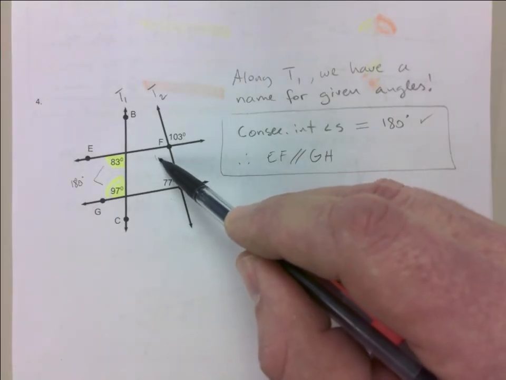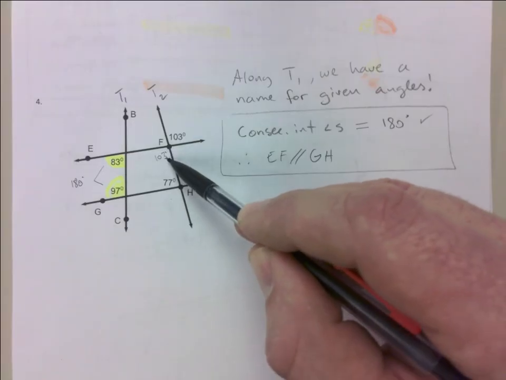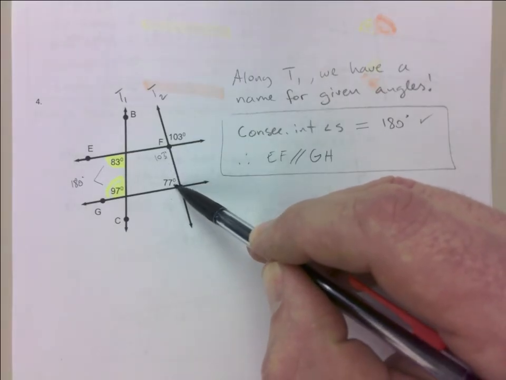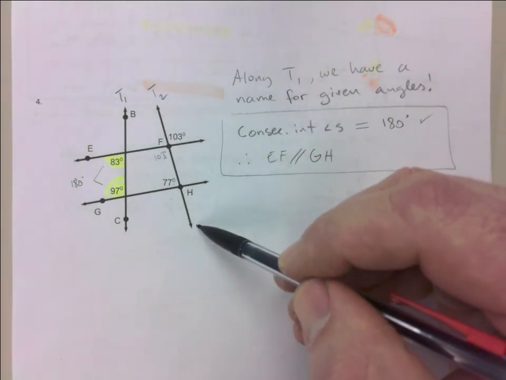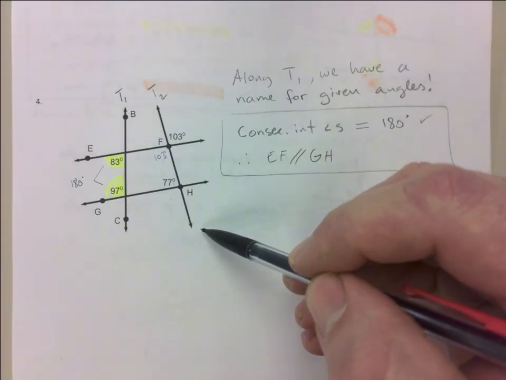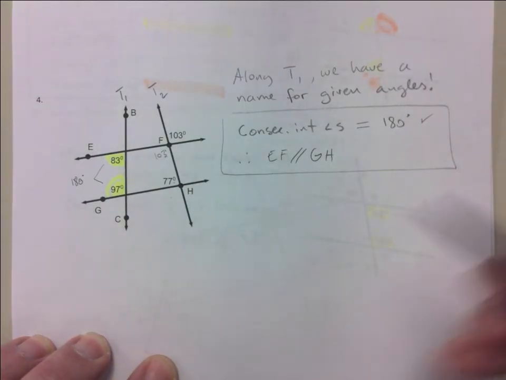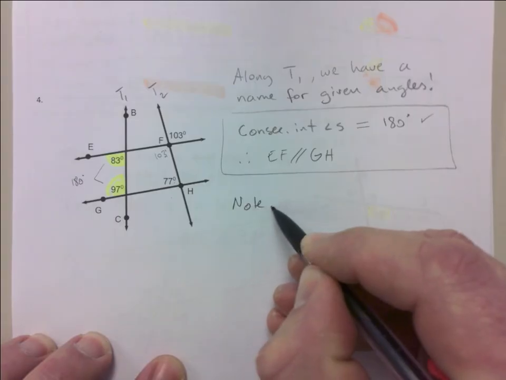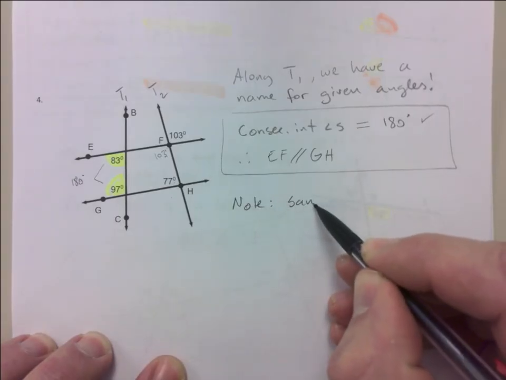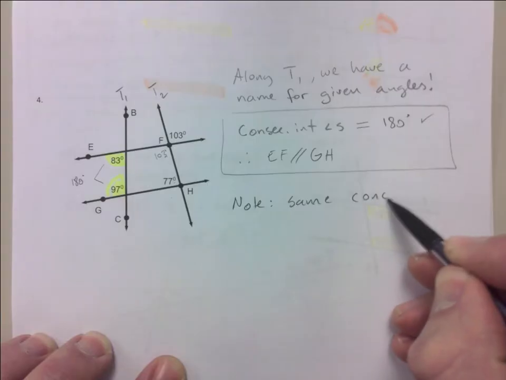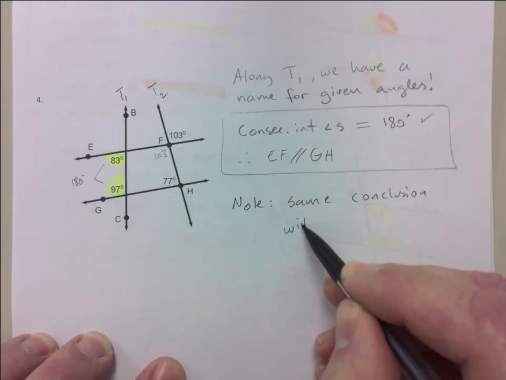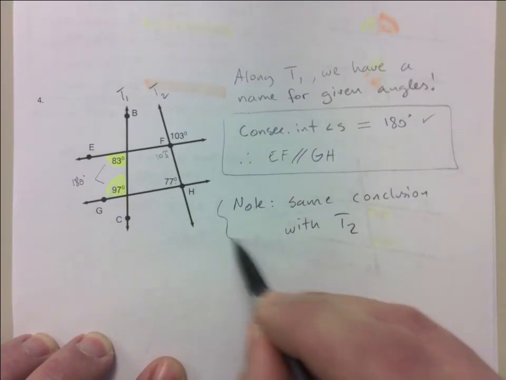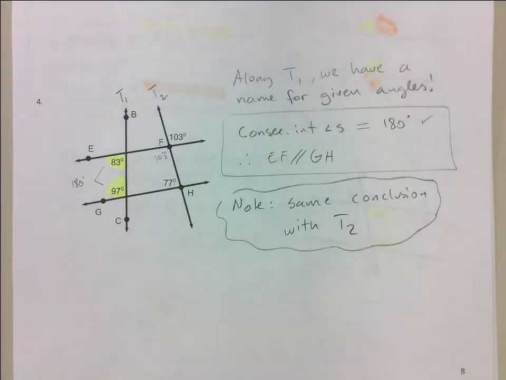Vertically opposite, this is 103, right? 103 and 77, that's also 180. So if you had wanted to work with the second transversal, you just had to do a little bit more work. Okay? Note, same answer, same conclusion with T2. This is just a note. I don't want you to do it in multiple ways. Just do one, right?